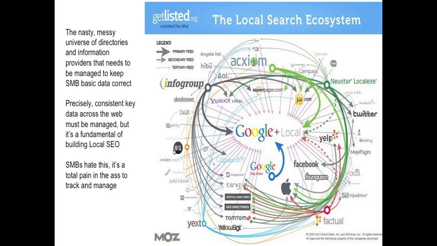It starts with Neustar, and they have a division called Localeze. Neustar is the company that has the contract to keep the database of all United States phone numbers. So when you go to Verizon, you turn on a phone, Verizon tells Neustar, here's the phone number and here's who it goes to.